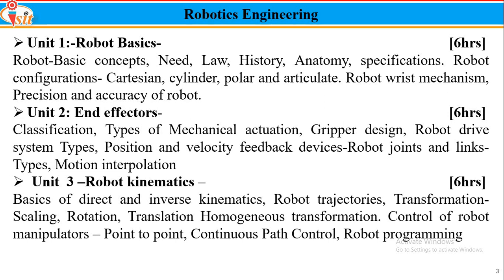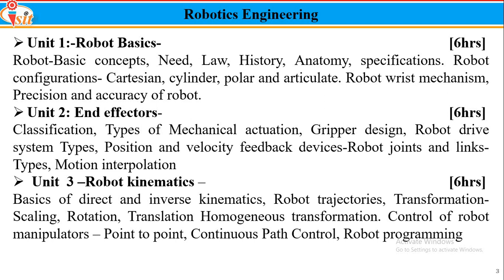In robot basics, we are going to learn the definition of robot according to different organizations, the concept of robot, the need of robot, why robot is used nowadays, different laws of robots, history of robots, anatomy of robots, specification of a particular robot, robot configurations like Cartesian configuration, cylindrical configuration, polar configuration and articulate configuration. These configurations and their applications we will see in unit number 1.